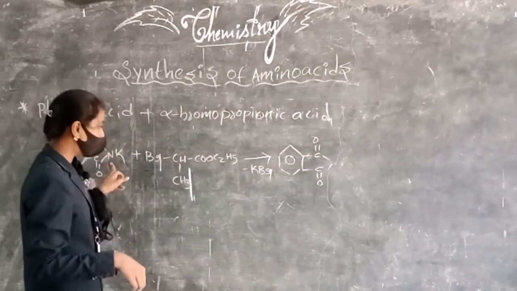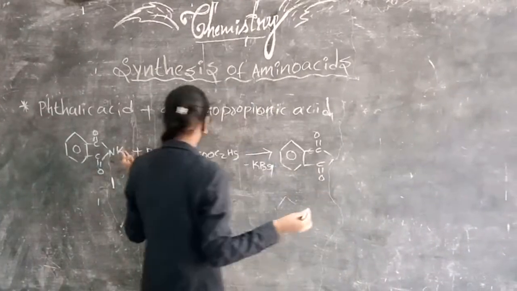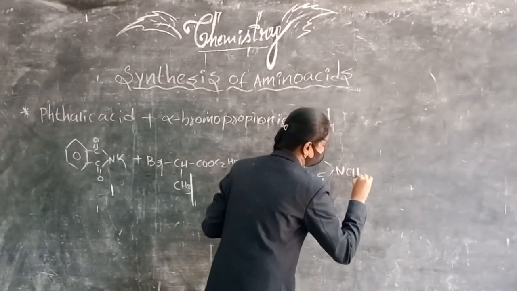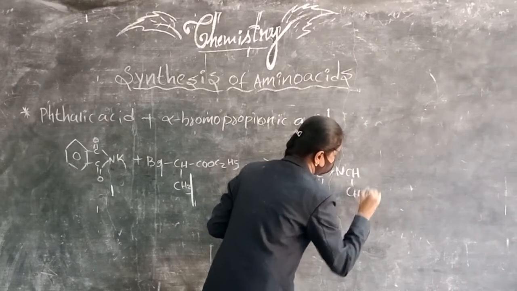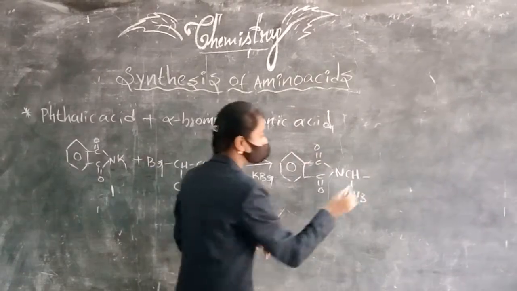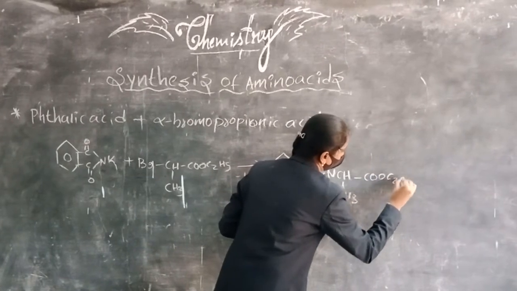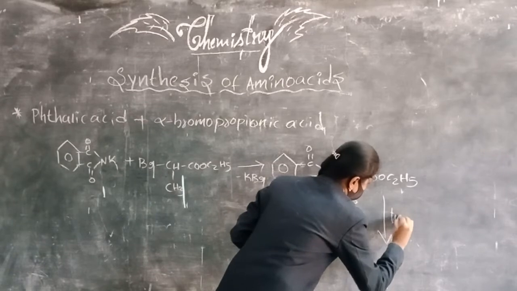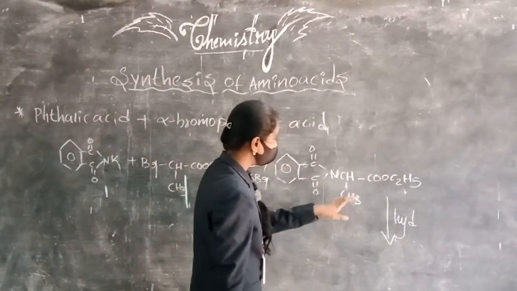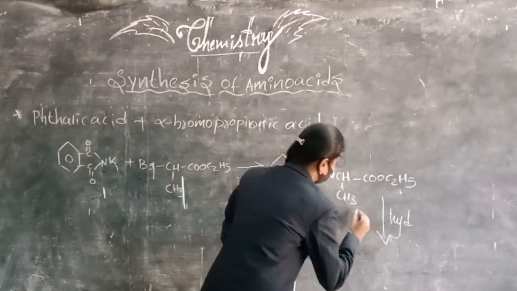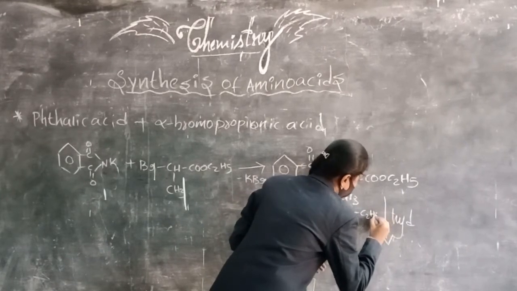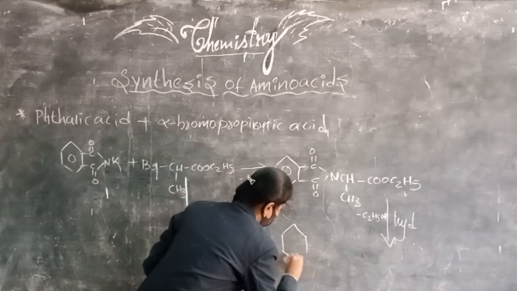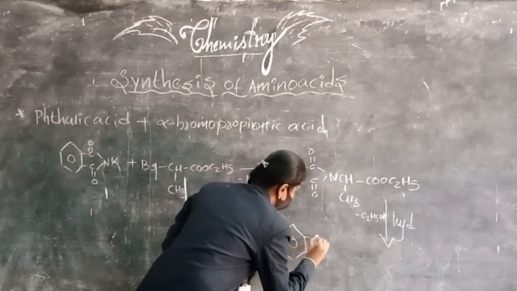What we get is NCH, because here K and Br are removed, with CH3 and COOC2H5, which again undergoes hydrolysis. At the same time, COOC2H5 is also removed, C2H5 and OH. So we get another addition product.